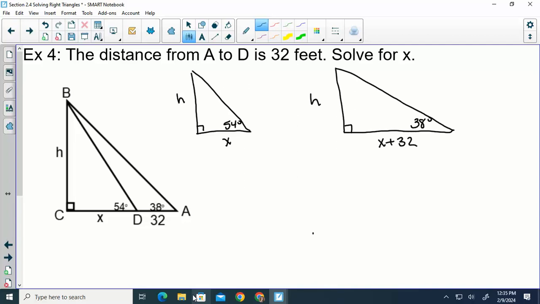We have to have at least one side length. Do we here? No. So that kind of creates some problems. Okay, I can find my other angle, but I still don't know any sides. So if I were looking from this one, H is my opposite, X is adjacent. What trig function involves those?